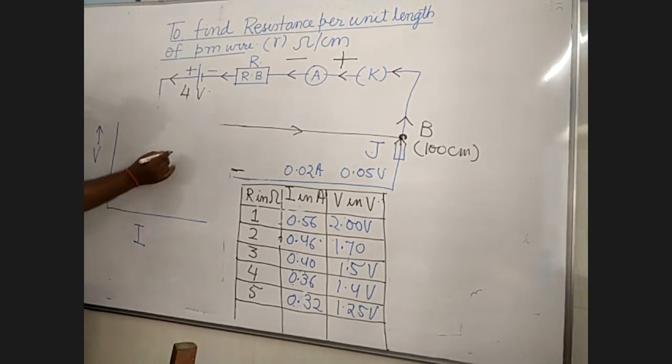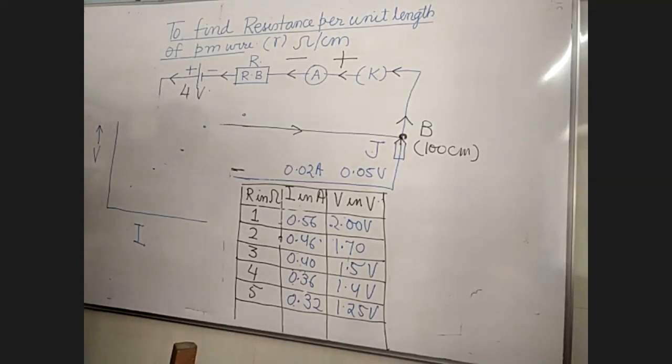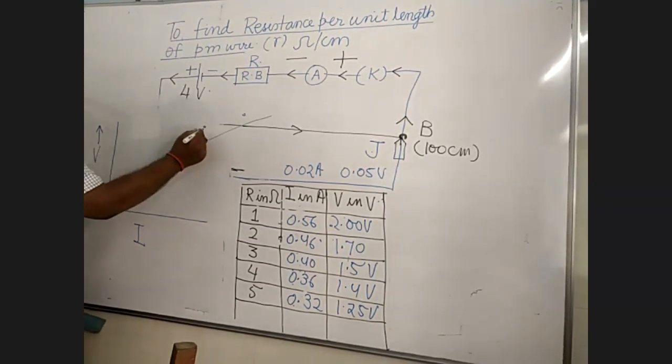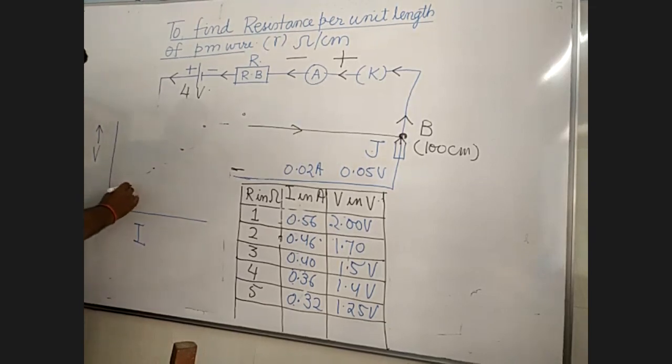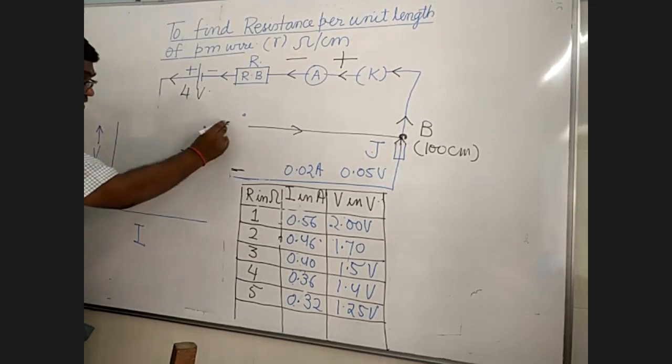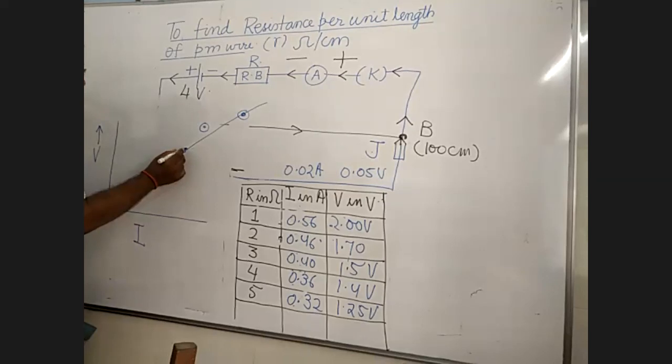So you will get the 5 points. You draw the best fit line. Best fit line means the line which passes through the maximum number of plotted points. We have drawn it like this; you plot and draw it yourselves. It is passing through the maximum number of plotted points.